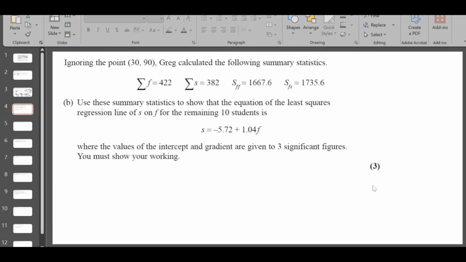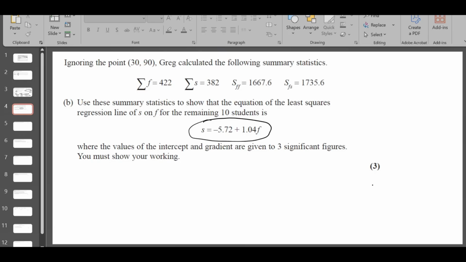Part B now. Ignoring the point 30, 90 because it's an outlier, Greg calculated the following summary statistics. Use these summary statistics to find the equation of the least squares regression line of S on F for the remaining 10 students, because we removed one entry already. So now the N is 10. They want you to find the equation in this form.